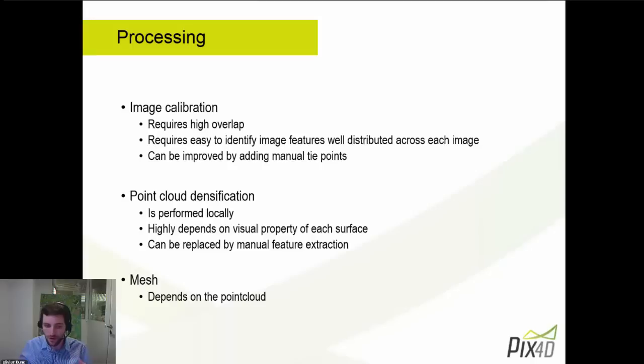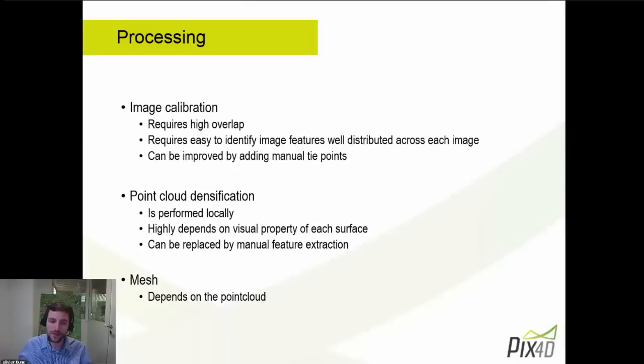And as it's a local optimization, it depends a lot on the visual property of each surface. And as we will see a bit later in this presentation, for indoor mapping, you are faced with many difficult situations because the surfaces are not all good for doing photogrammetry.